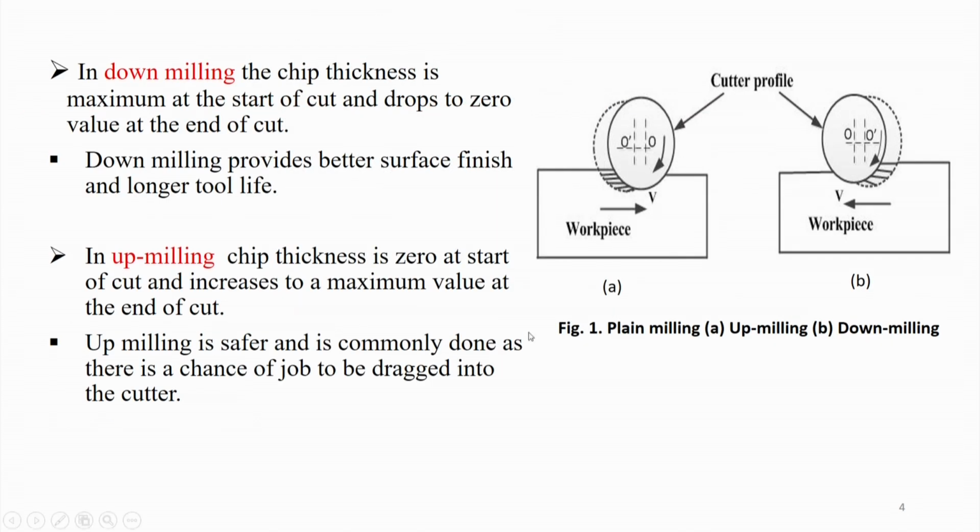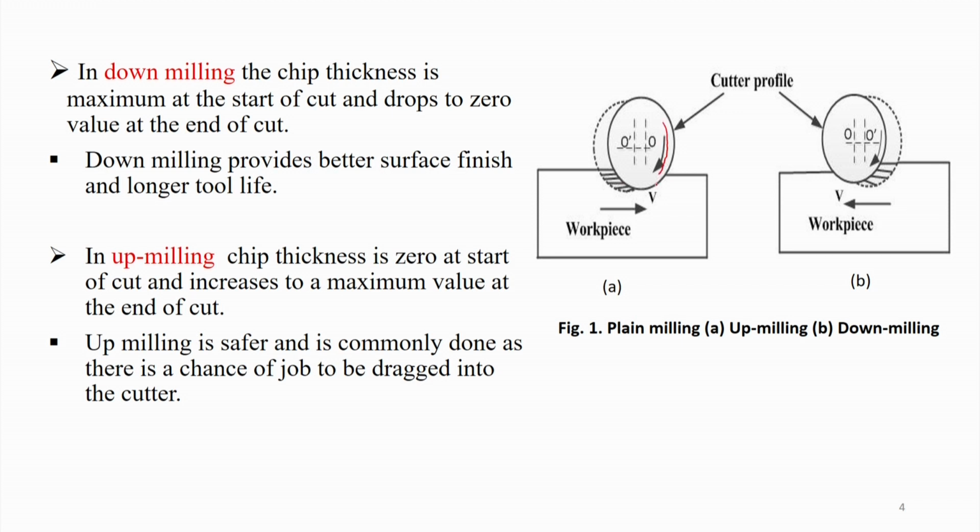Then let us discuss down milling and up milling. You see that in this figure there is a plane milling process shown. Part A is showing up milling, in which the workpiece is moving in this direction from left to right and the cutter is rotating like this.